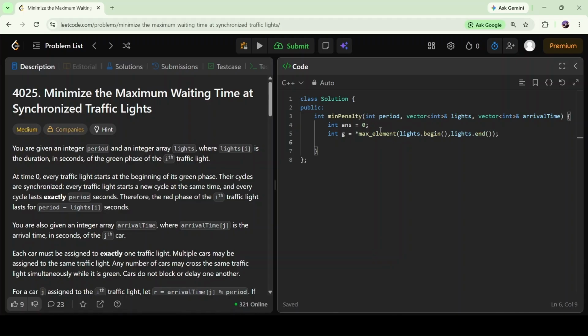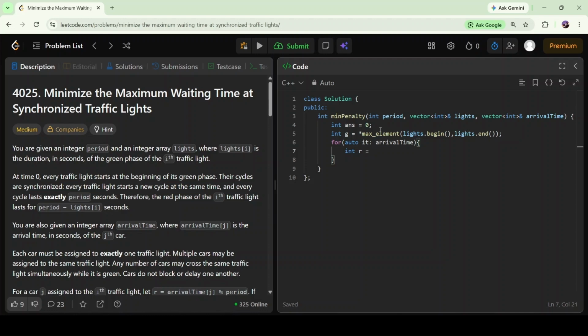Now just iterate over the arrival time. Now calculate the r.